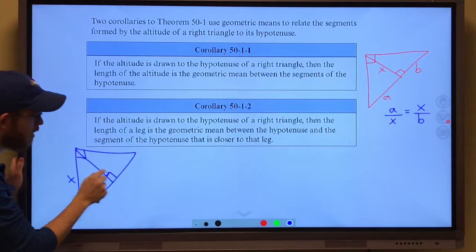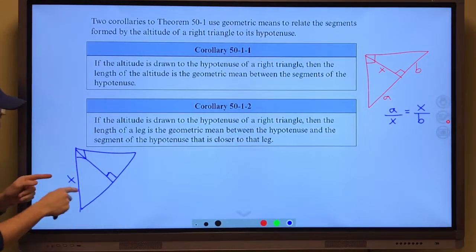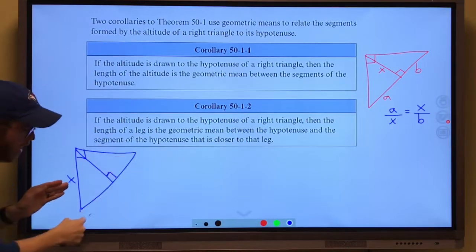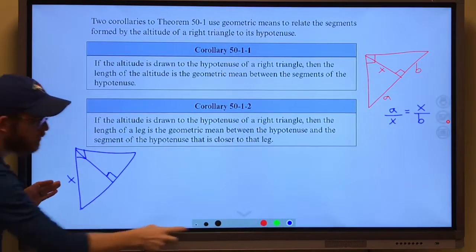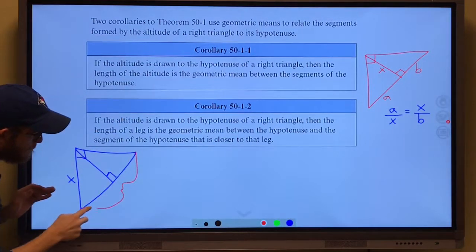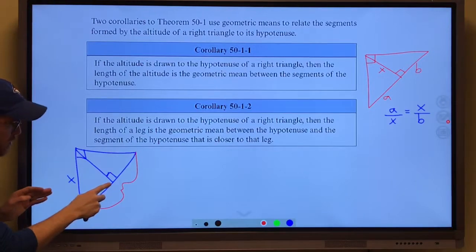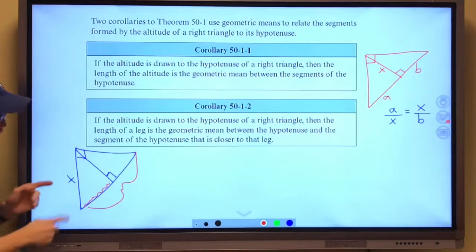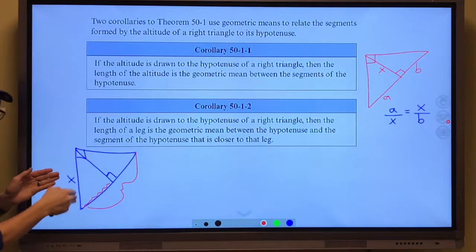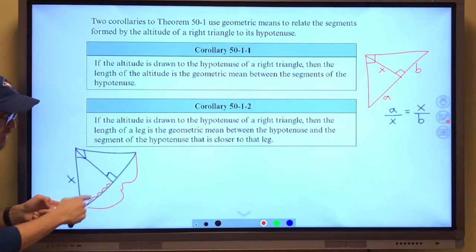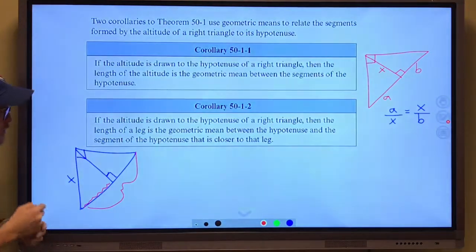Remember, we've drawn the altitude of this right triangle. The leg is the geometric mean between the whole hypotenuse and the segment of the hypotenuse closer to that leg. x, one of the legs, is the geometric mean between the hypotenuse and the segment of the hypotenuse closer to that leg.